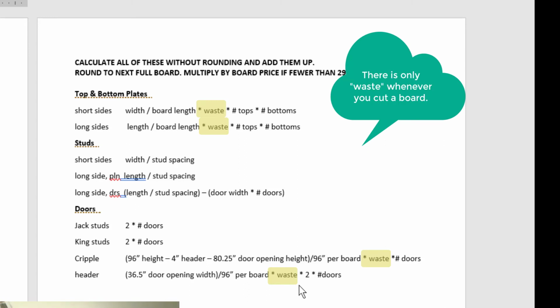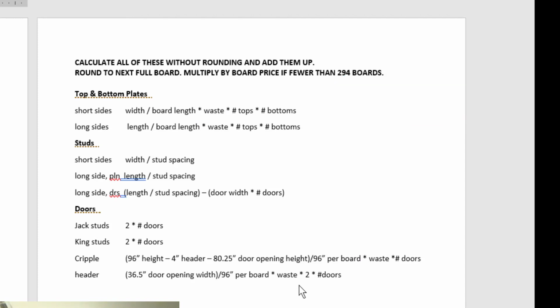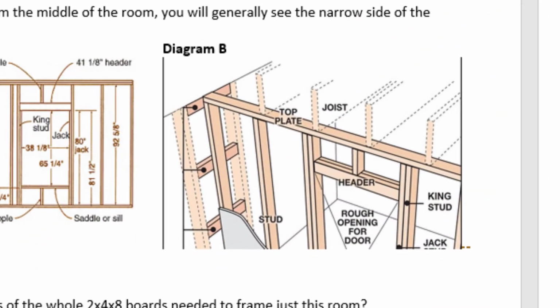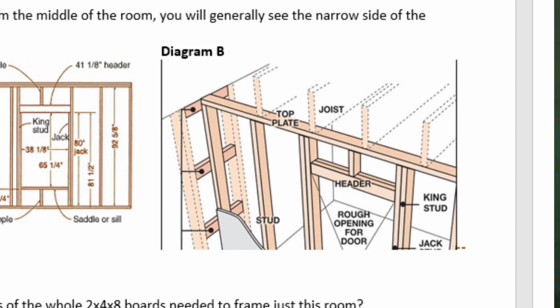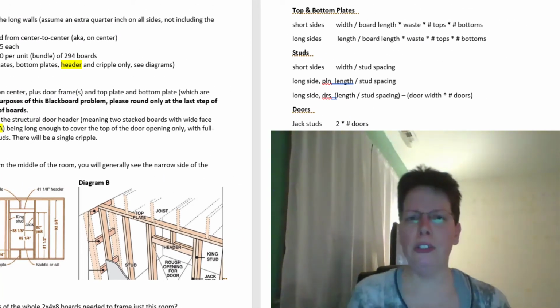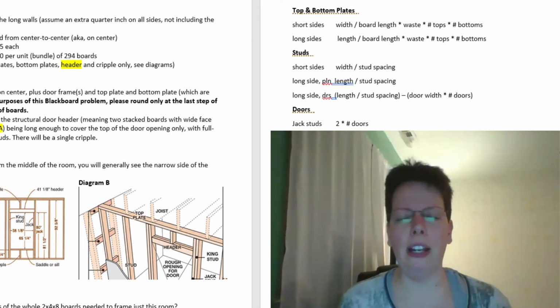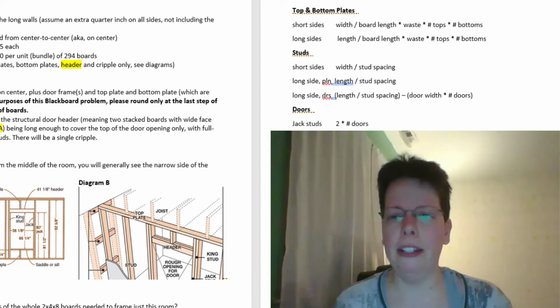Everything else is not considered, because those automatically use full boards. And yes, the top and bottom plate are considered to be at the top and bottom of a full board stud. And so you don't need to try and consider shaving off 2 inches and all that sort of stuff. I'm not getting that complicated.